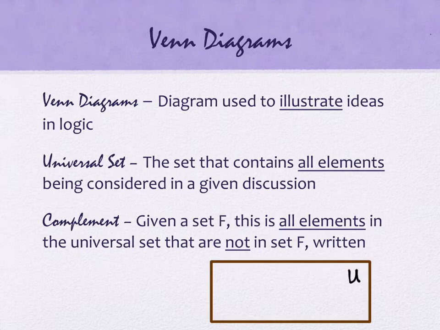If we are given a set F, then the complement of F would be all elements that are not in F. For example, let's say that U is all OBU students.